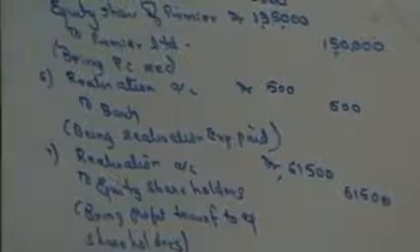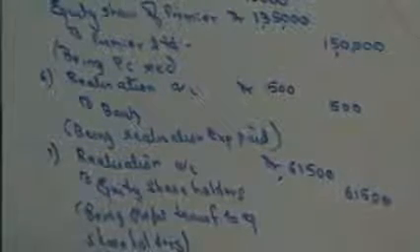Now, once you finish transferring the profit, next you have to pay the equity shareholder. What am I going to pay them? I'm going to pay them everything that I had received. I had received cash, so you have to debit the receiver. Equity shareholders account debit.